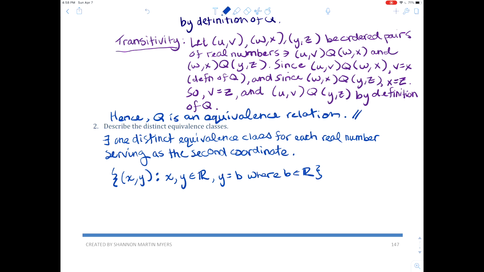Okay? So what that means is that you'll end up having all vertical lines in the coordinate plane.